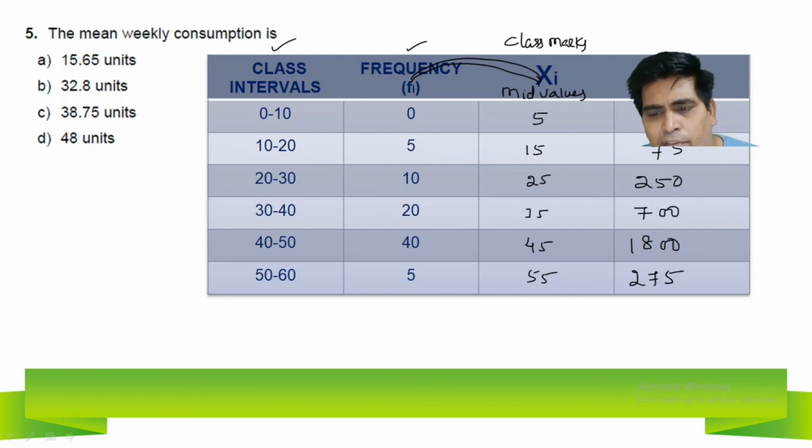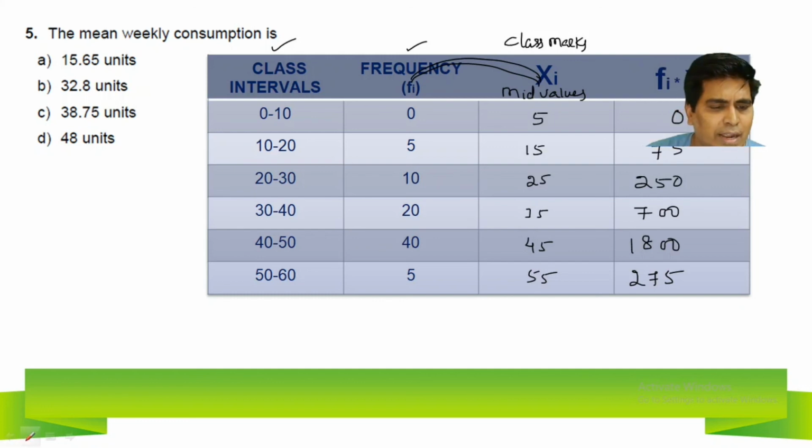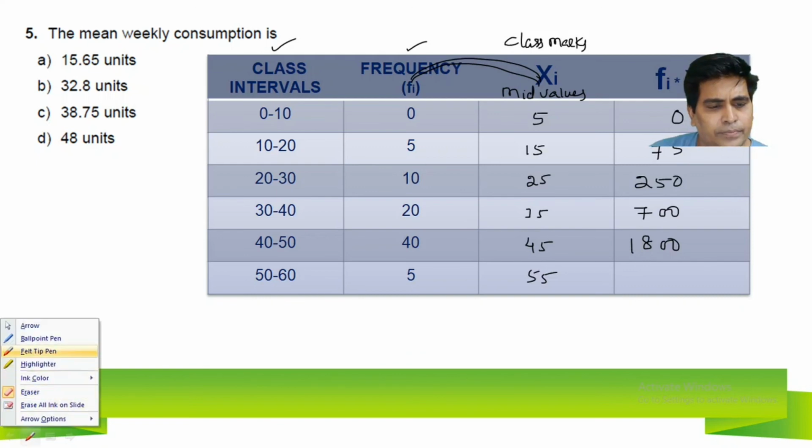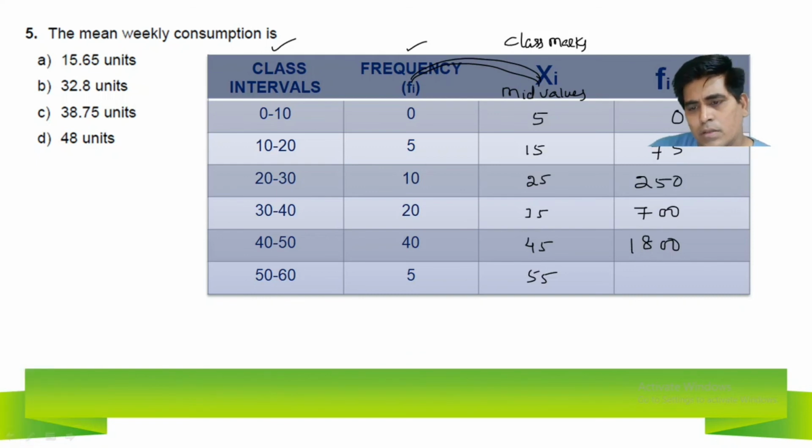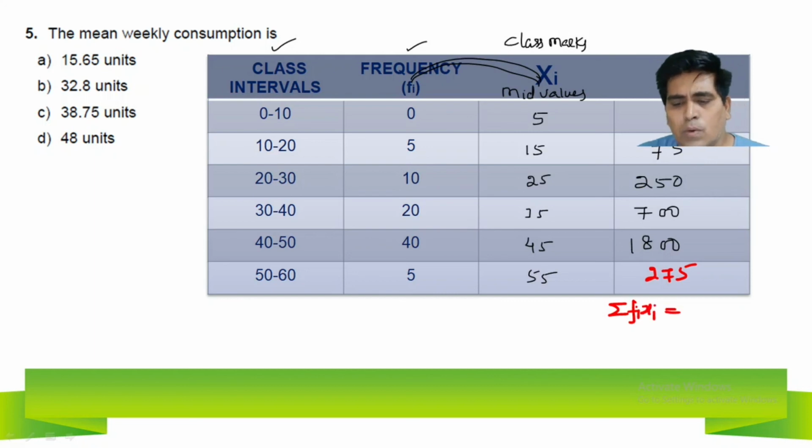So if I add up all these fi xi values, the total I'm getting is 3100. You also cross check it, just simple addition, you do it yourself.